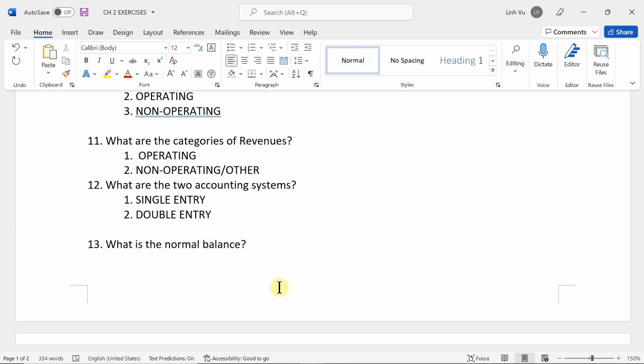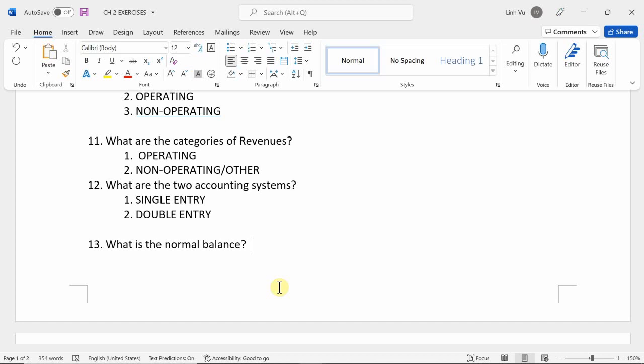What is the normal balance? It's a definition. All the debits must match all credits. No. In this case, this is referring to the accounting model.